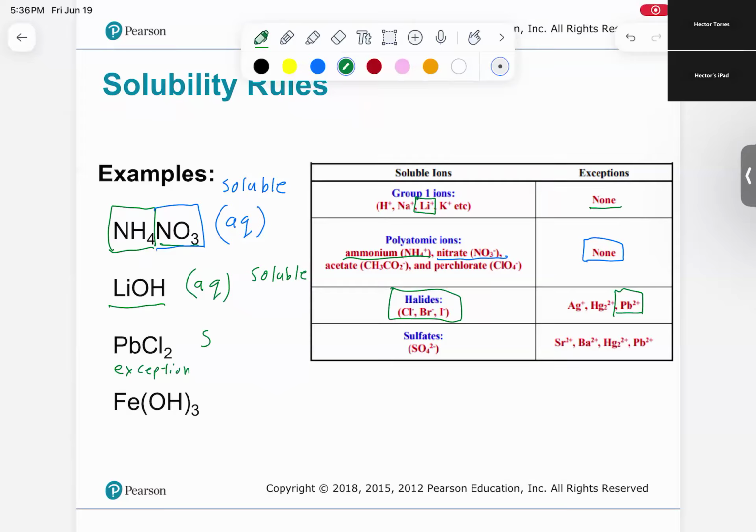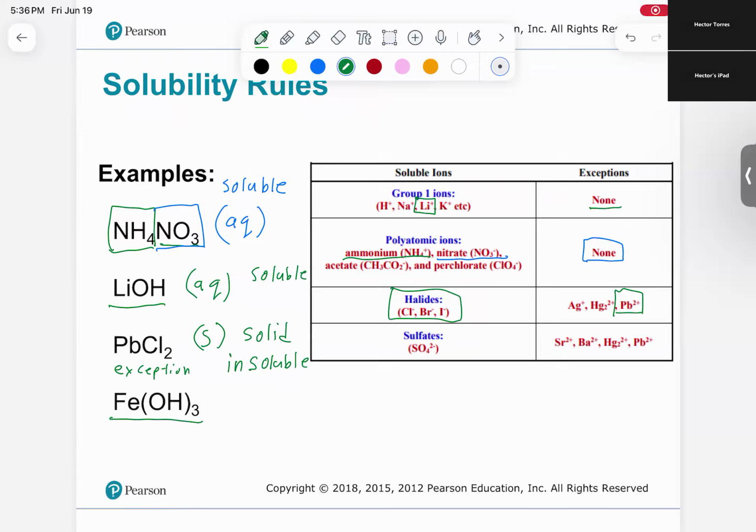So this one is going to be a solid, also known as insoluble.